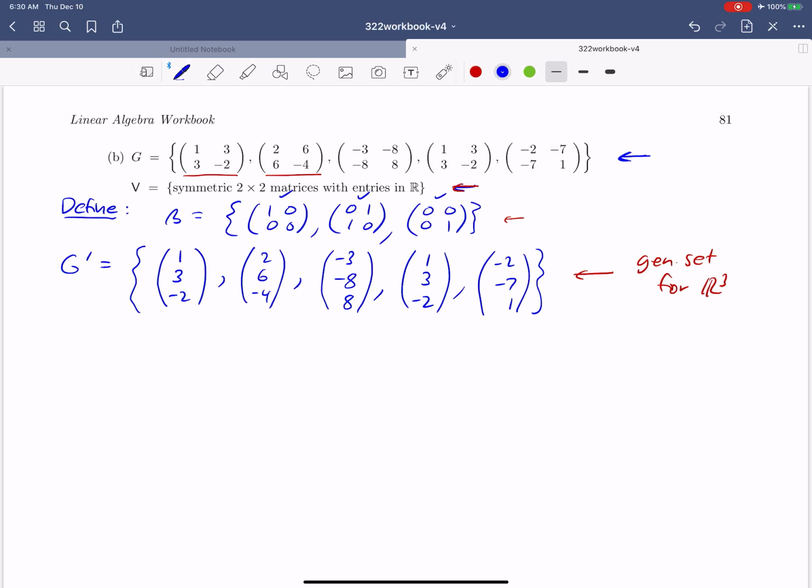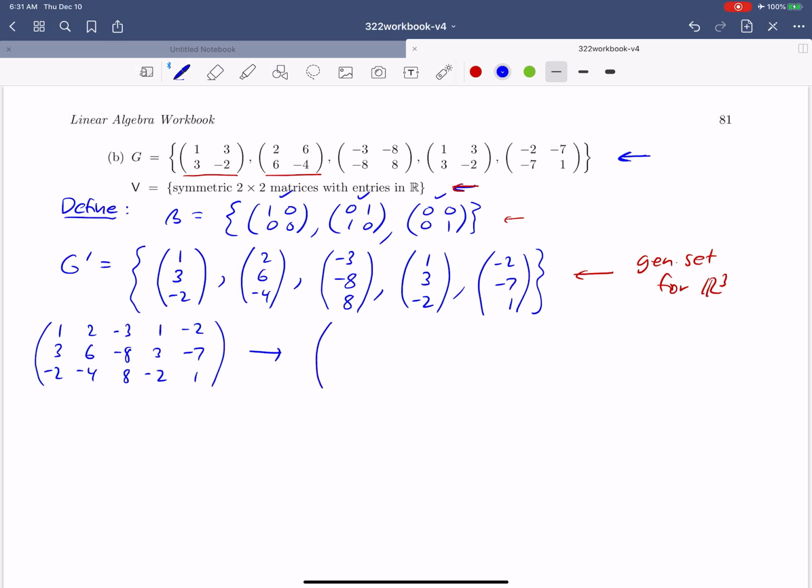So we'll form a matrix with its columns being the same vectors that we just wrote down. This is a little bit tedious, having to do all of this writing and rewriting. 1, 3, negative 2, and then negative 2, negative 7, and 1. Let me make sure I copied all of that right, and then do row reduction on this.